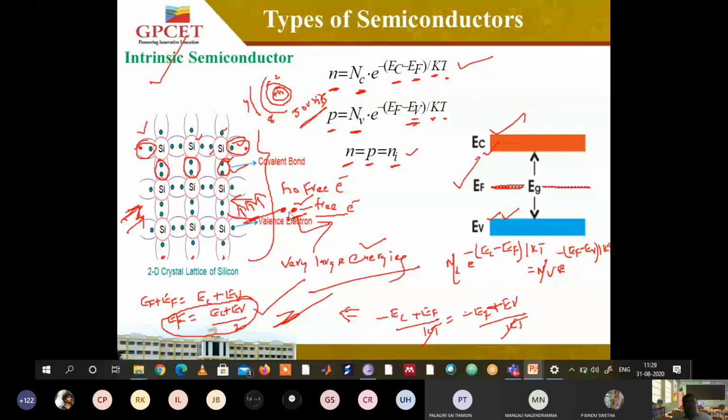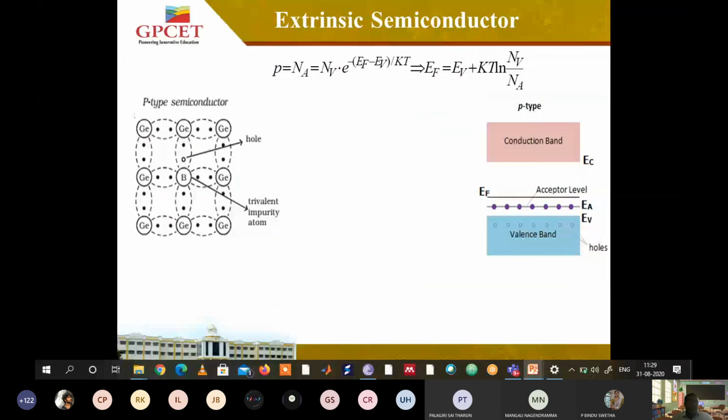There is no external atom added to this intrinsic semiconductor, so current flow is very less, and higher energies we need to apply externally. But in extrinsic semiconductor, extrinsic means adding some external atom, some external quantities.